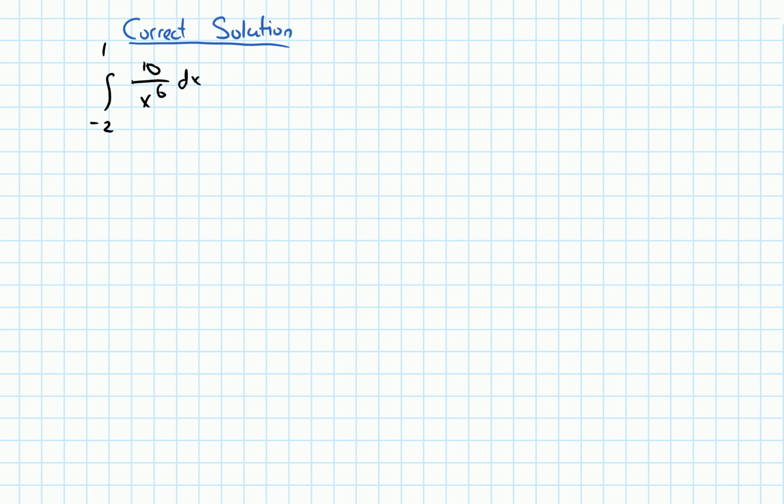Alrighty, so here is our integral one more time, and I want to do a correct solution. So the discontinuity is somewhere in the middle of this interval from -2 to 1.